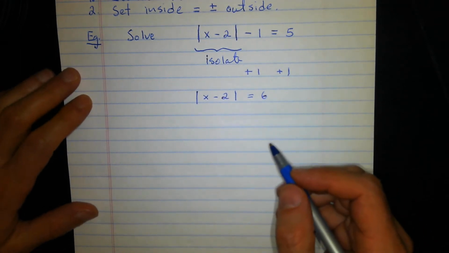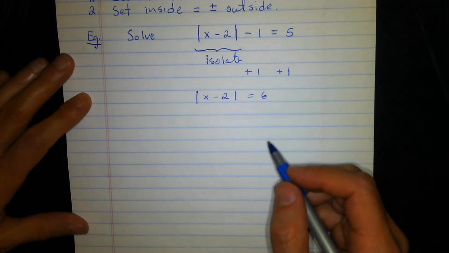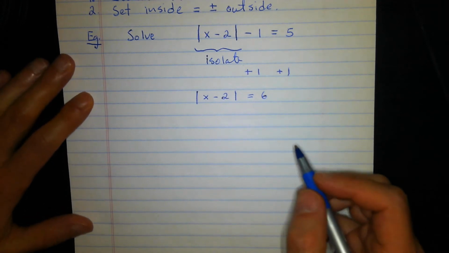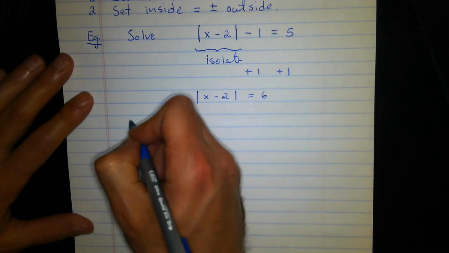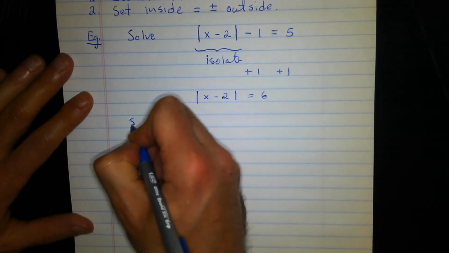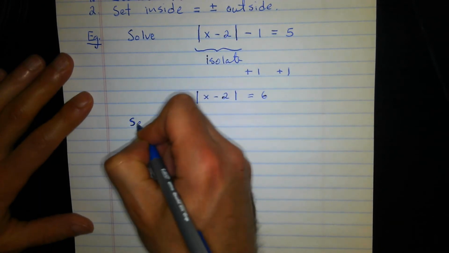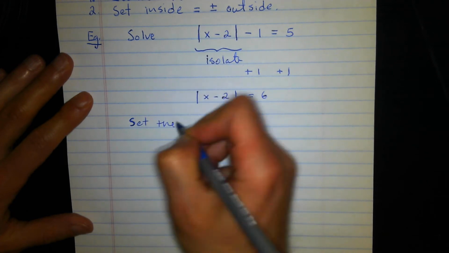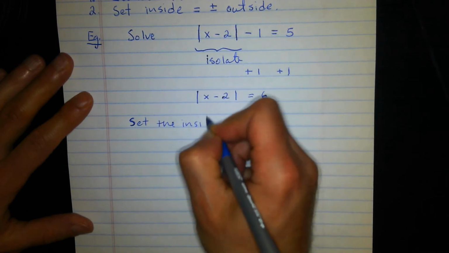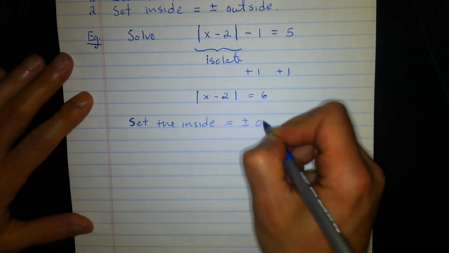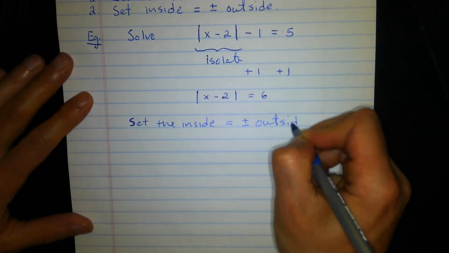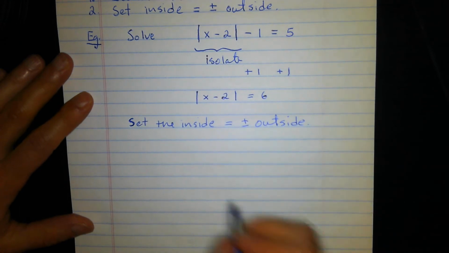Okay, now at this point, all we need to do is set the inside equal to plus or minus the outside and solve for x. Okay, so what does that give me?